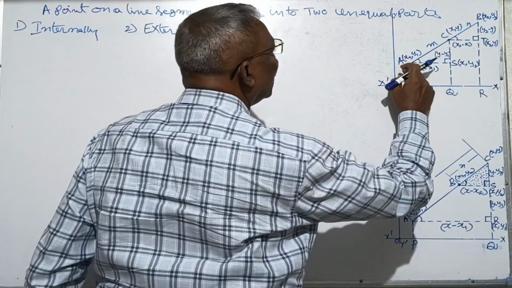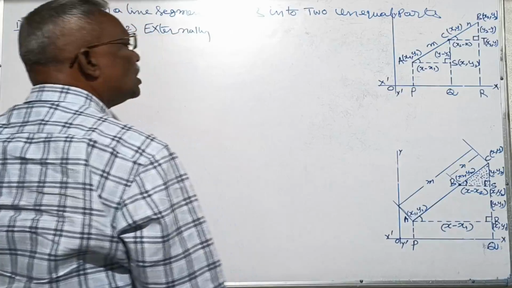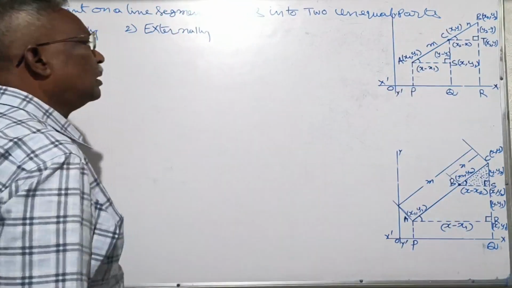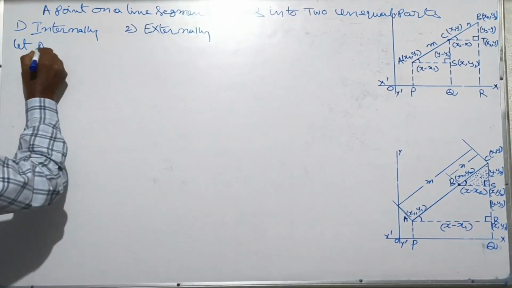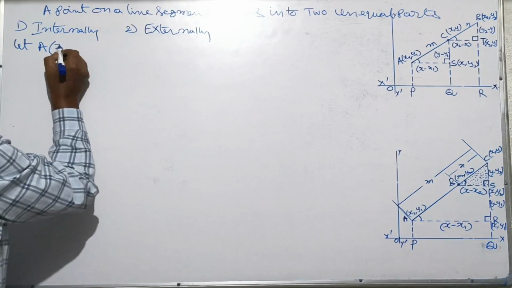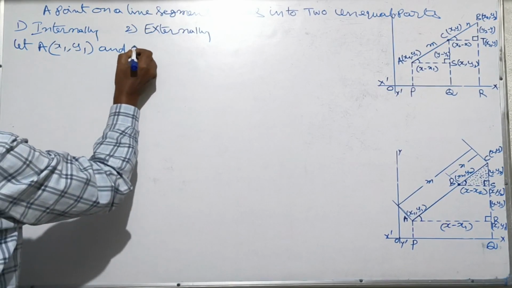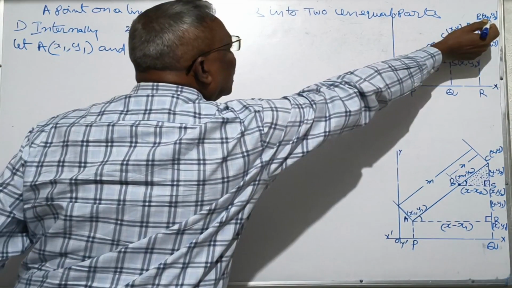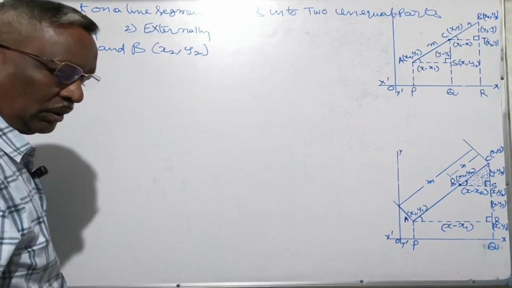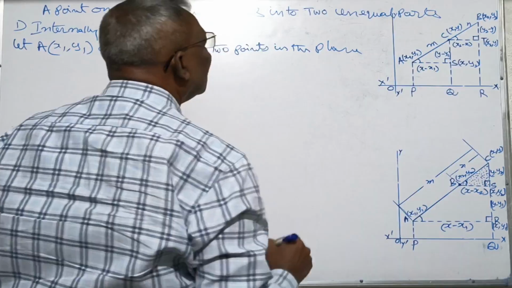Let A and B be points on a plane. Let A be the point x1, y1, and B be x2, y2, two points in the plane.